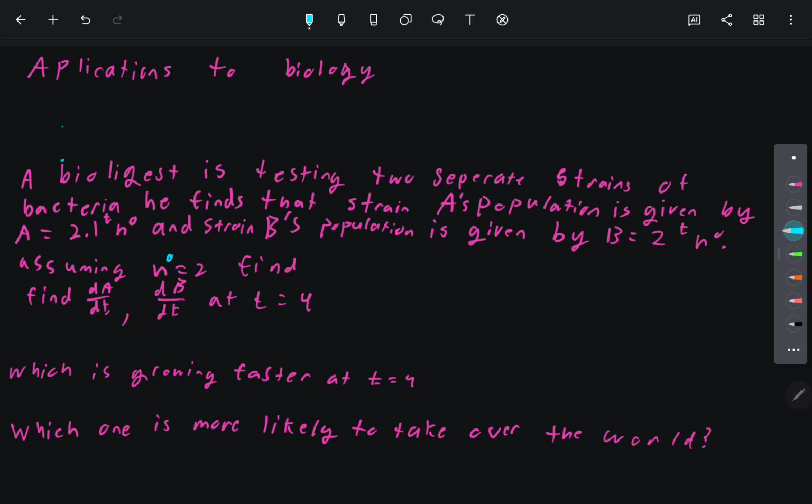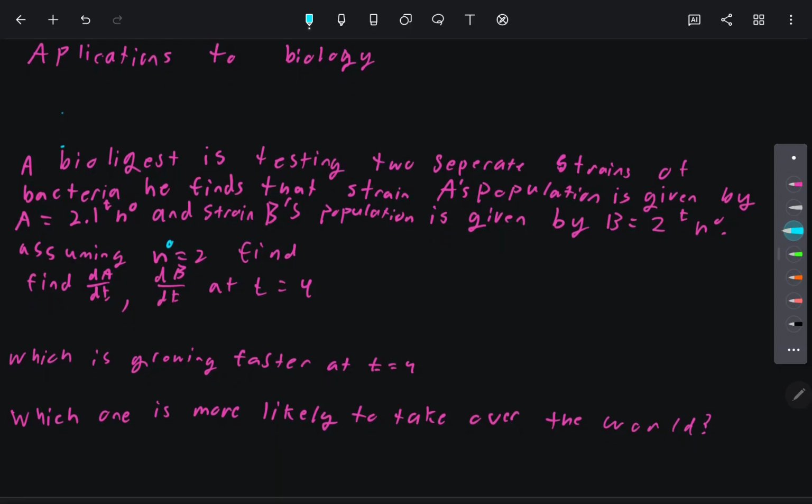Okay. Well, to start out, let's start by taking the derivative with respect to a. So A is equal to 2.1 to the power of t times 2, because we said that N naught is equal to 2.